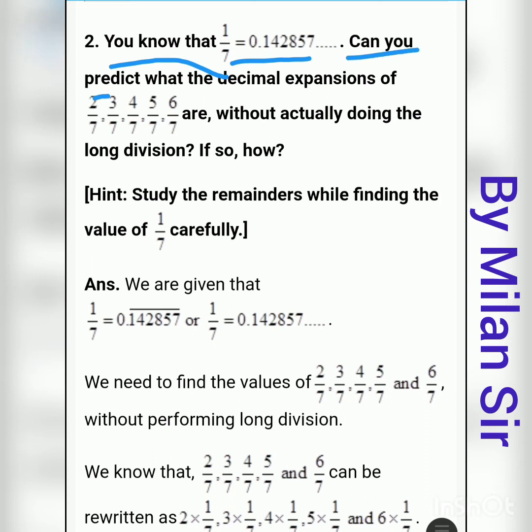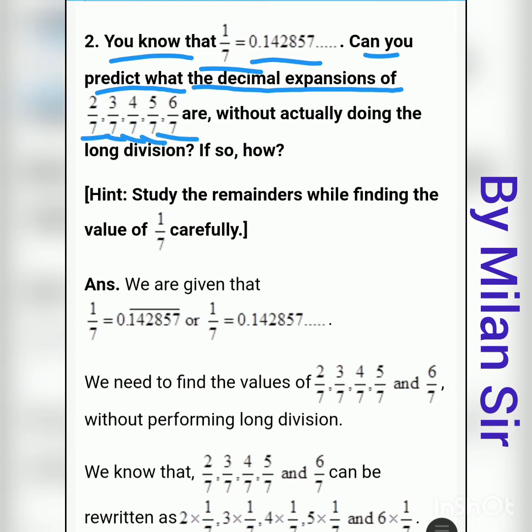Can you predict what is the decimal expansion of 2 by 7, 3 by 7, 4 by 7, 5 by 7 and 6 by 7 without actually doing the long division? If so, how? That means if you can find, then how.